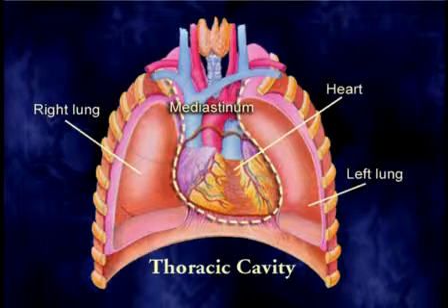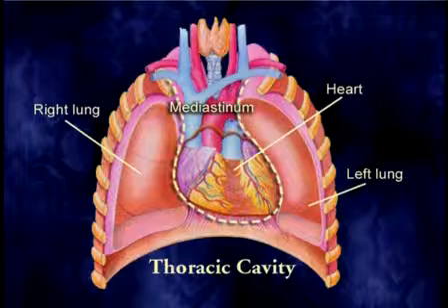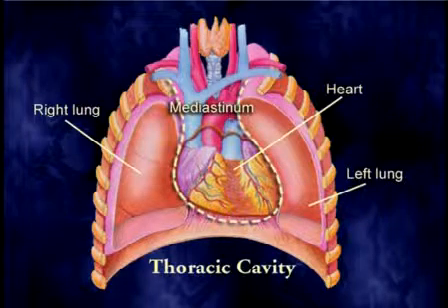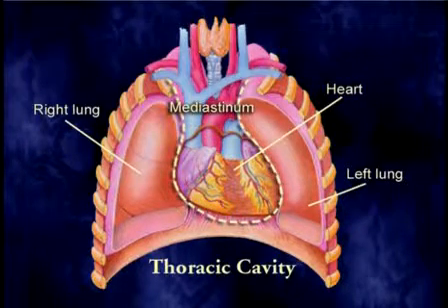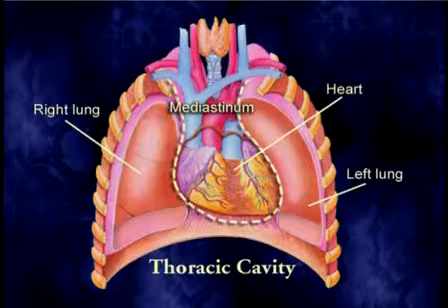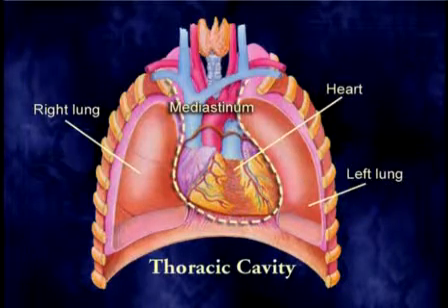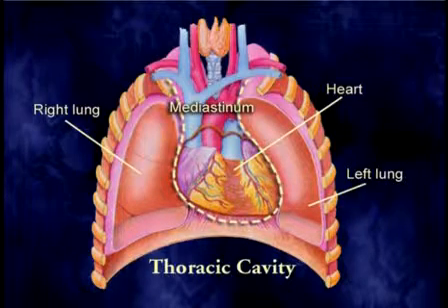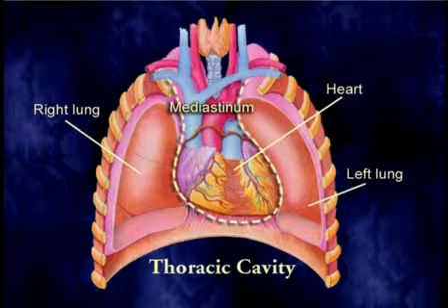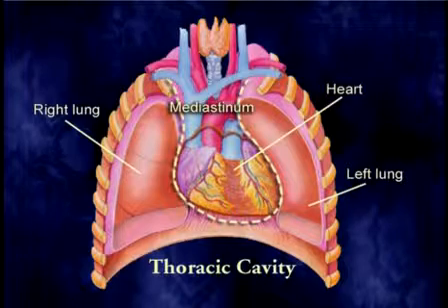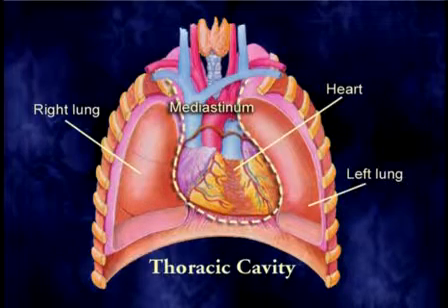The vessels leave the heart and go to their various places through the mediastinum, and there are a couple of other organs which traverse it. For example, the esophagus goes from the head down to the abdomen, but doesn't really do any business in the mediastinum. It's just a conduit. It's just a street. So we're really interested only in the heart by itself.